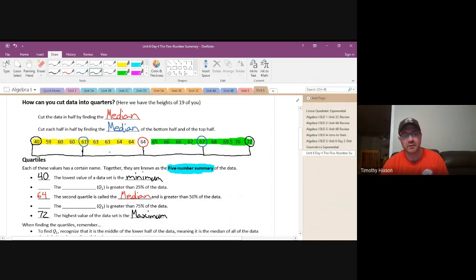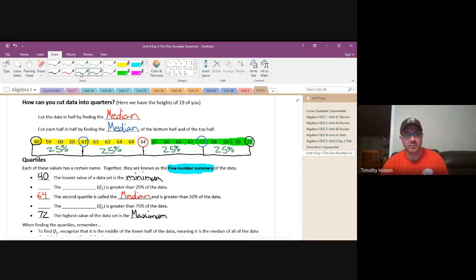Notice when we divide this into quarters, we've divided it so that 25% of the data goes from 40 to 61. 25% of the data goes from 61 to 64. 25% goes from 64 to 67. And then 25% goes from 67 to 72. So you can see here 64 is higher than this 50%.